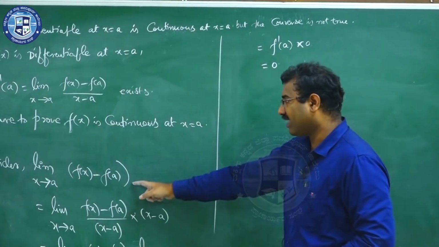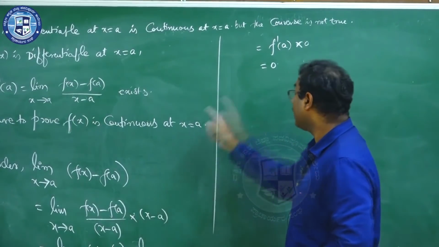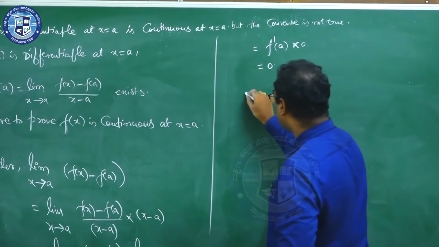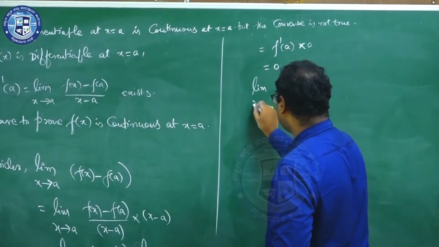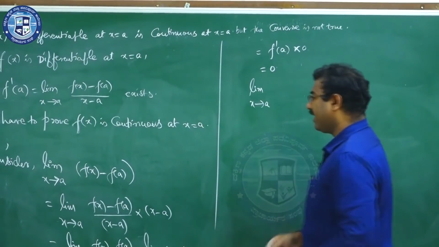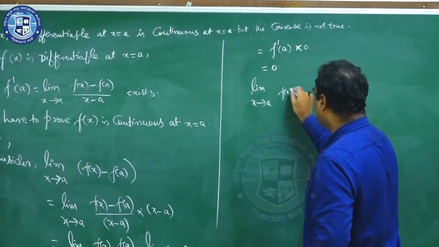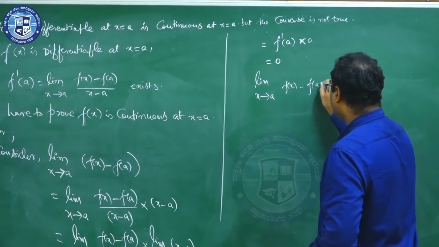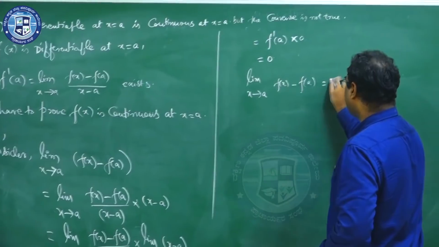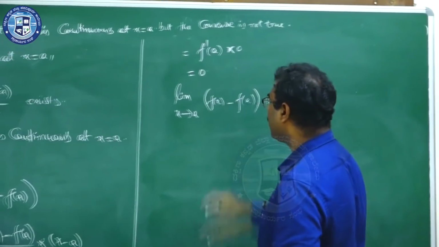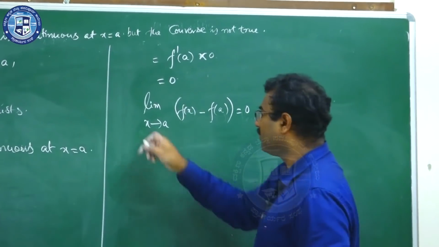So limit x tends to a, f(x) minus f(a) is equal to 0. We got this one.